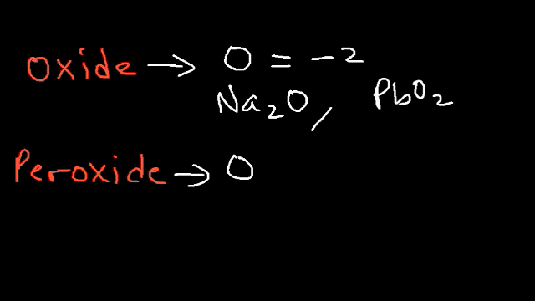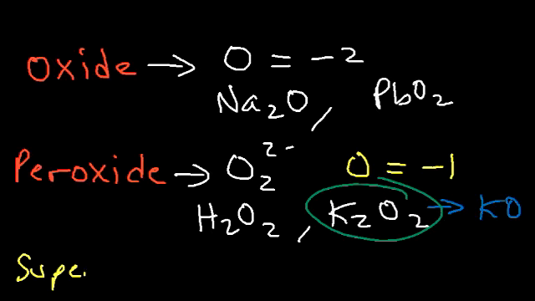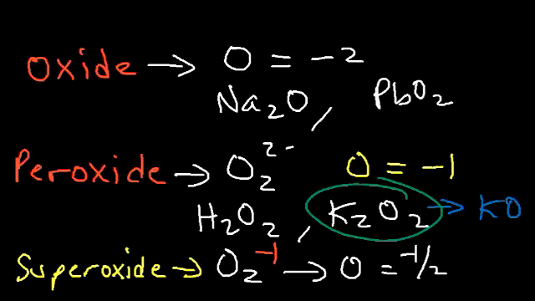Now, superoxide also exists as a diatomic anion, but the net charge is -1 for the two oxygen atoms. And so individually, each oxygen has an oxidation state of -0.5. So an example of a superoxide compound would be NaO2. This is called sodium superoxide.